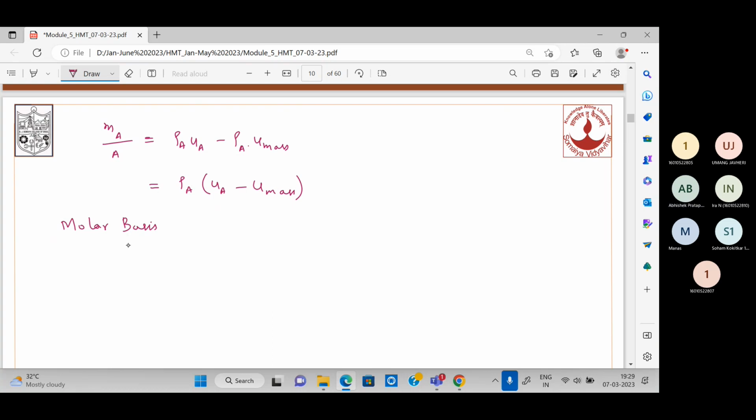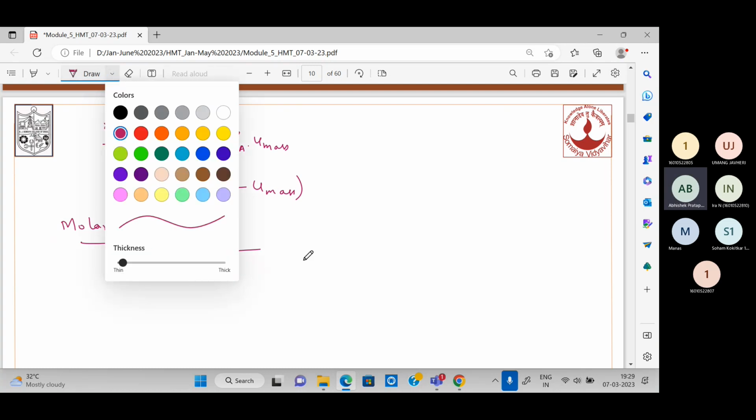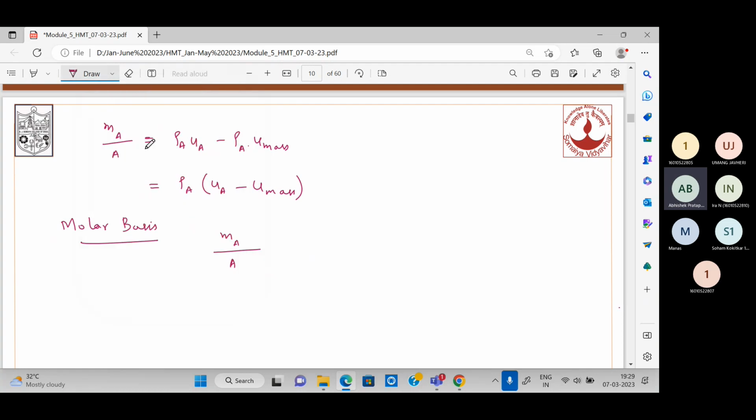For the molar basis, I can write this as MA divided by A is equal to the molar concentration times UA minus U molar. What is this MA divided by A? This is nothing but the diffusion flux. So you generally write this as the diffusion flux only.